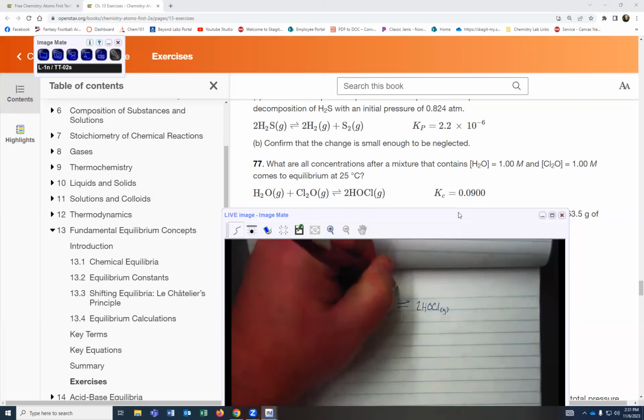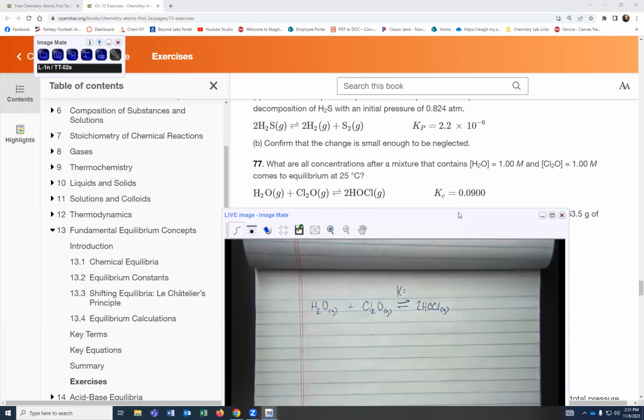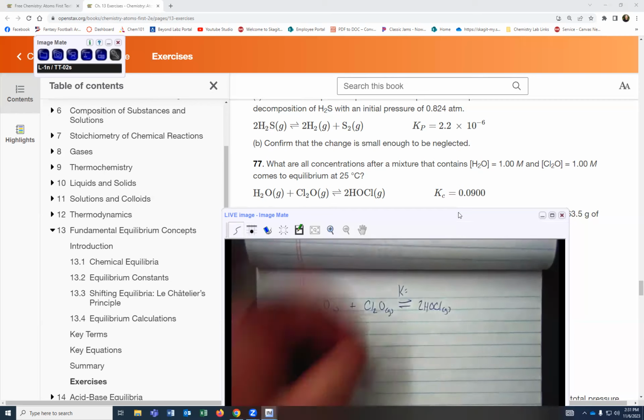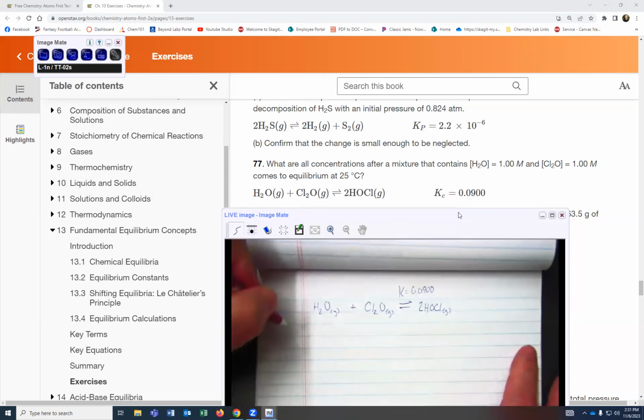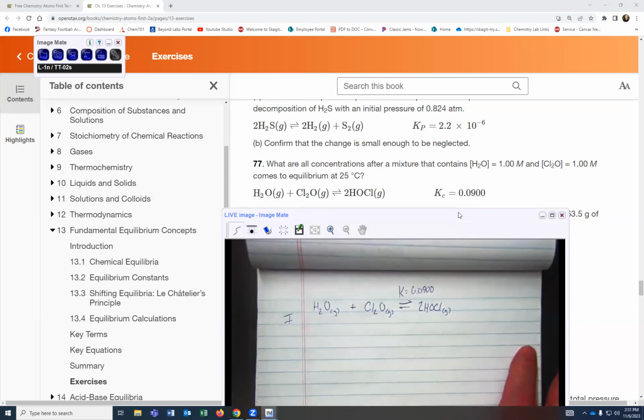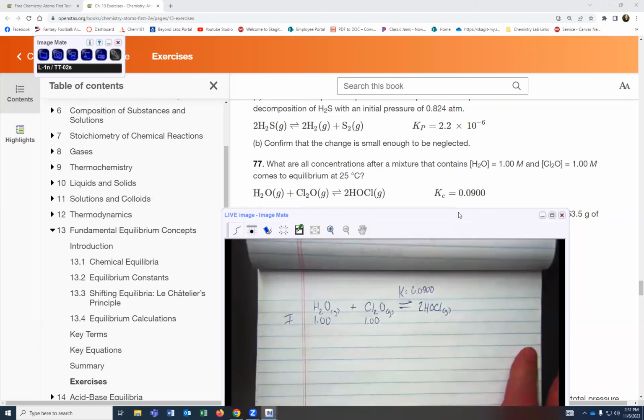K for the reaction is 0.0900. And our initial concentrations of H2O and Cl2O are both 1.00 mole.